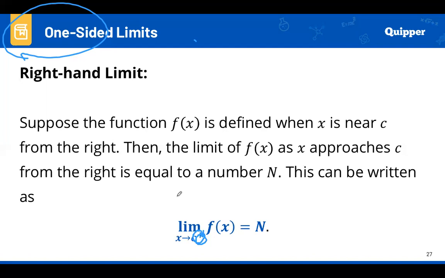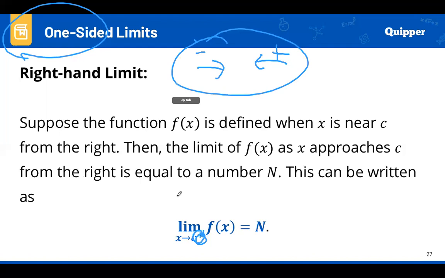Kapag left, negative. From the right, positive. So, I am just explaining the concept about those two sides, the left and the right. So, they're still part of the process. Kasi ito yung ating c. Tama? So, ito yung hahanapin natin later.